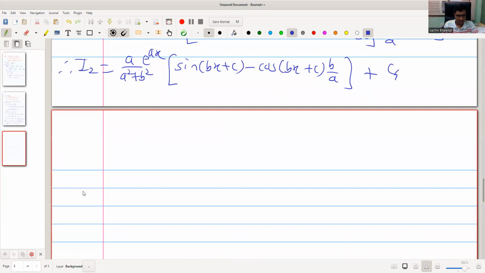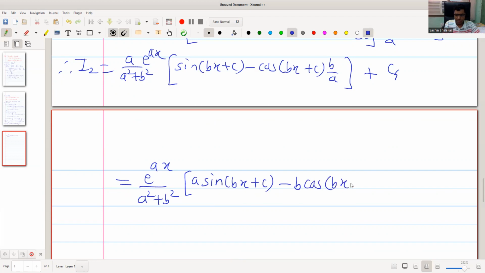So our I2 is equal to, now we can simplify this so that it is e raised to ax divided by a square plus b square, and we are taking this a inside so that it is a into sine bx plus c minus, this a gets cancelled, so it is b cos bx plus c.